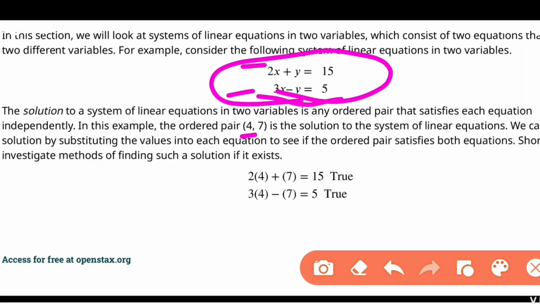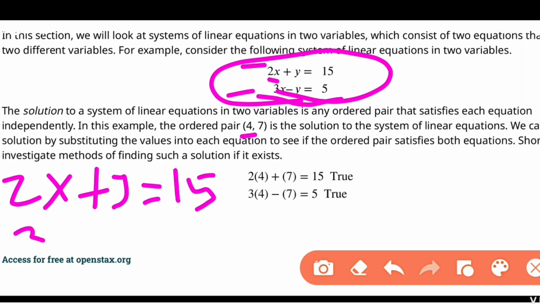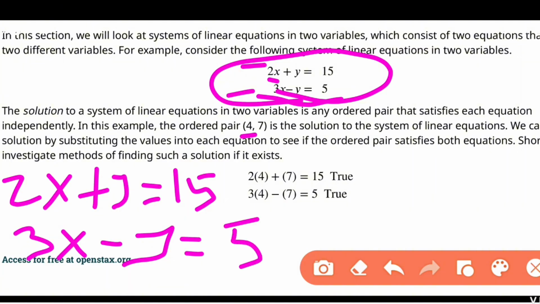For example, here 2x plus y is equal to 15, then 3x minus y is equal to 5. We can add both.